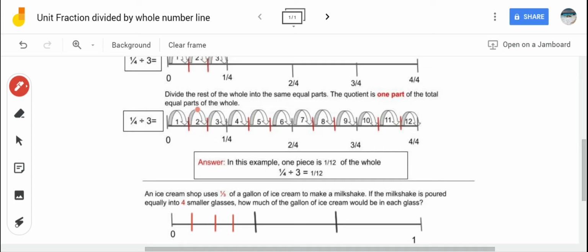Then I know that I have to divide the rest of the whole into the same equal parts. So I'm going to do that right here. Also 1, 2, 3, 4, and then 4 more.